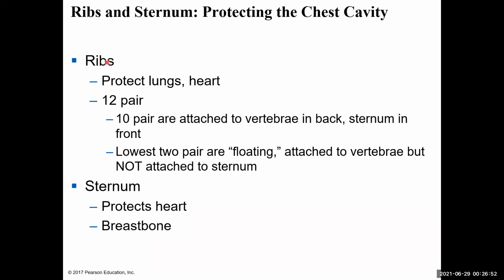Now, if we look at the ribs, there are 12 pairs of ribs, and they start at thoracic 1 vertebra, and end on the 12th vertebra in the thoracic region. Out of those 12 pairs, 10 are attached to the vertebra in the back and the sternum in the front.